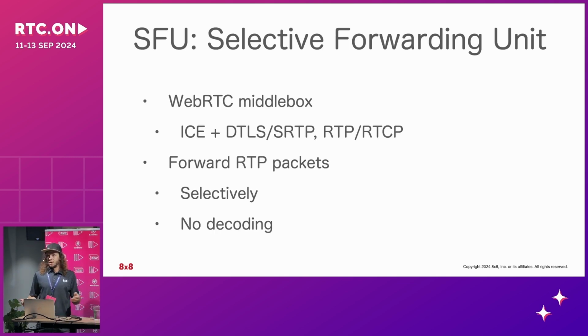Well, what is SFU stuff? SFU stands for Selective Forwarding Unit. At least in the context of WebRTC, it's a middle box that doesn't decode things and just forwards packets selectively. We'll go over what I mean by that.